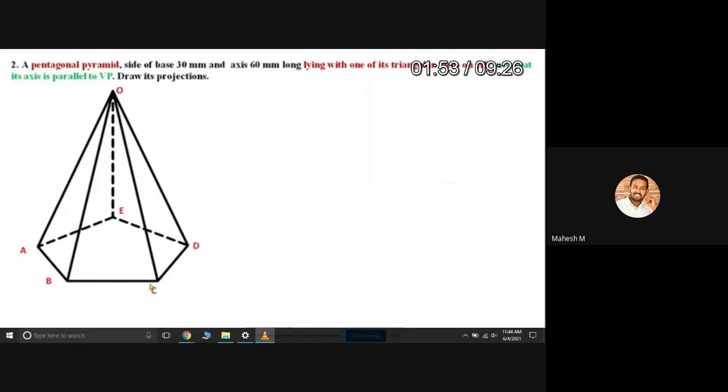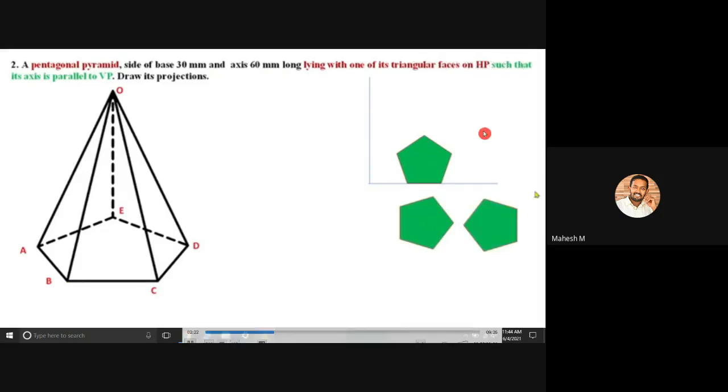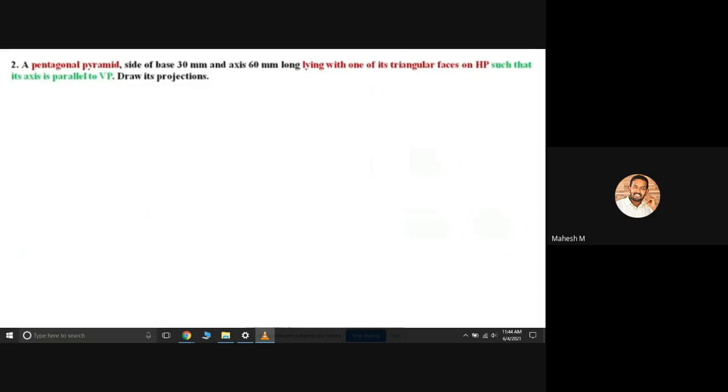Your first diagram can be any kind of pentagon, whether like this or like this, no problem. But your third diagram should be a proper diagram. For a hexagon, draw the first diagram properly and the third diagram will come correct. Here you can draw the first diagram any way, but the third must be drawn properly.